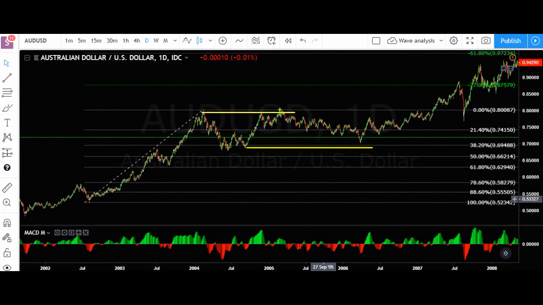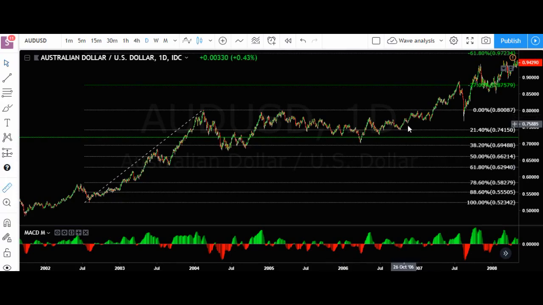Amazing. I mean, look, if you start to recognize these patterns, you would have seen that this was a contracting flat, and then we could have traded, got in the trade right there, and as you can see, it went to the 27% extension target. It almost actually went to the 61% extension target.